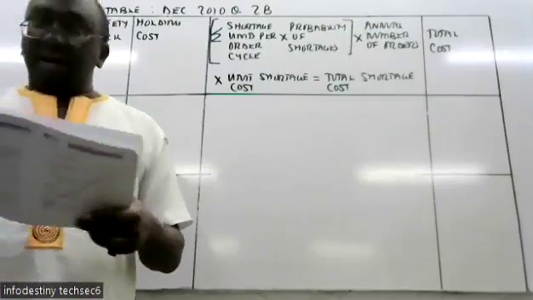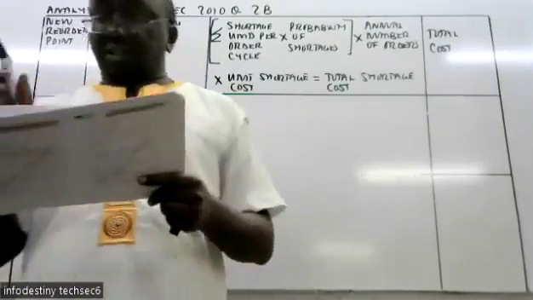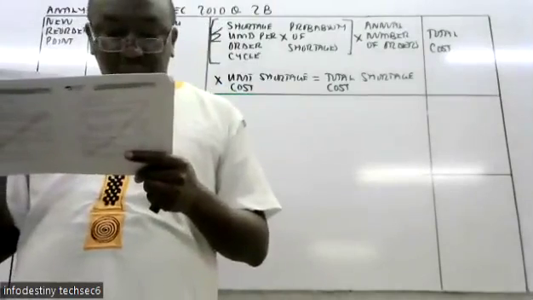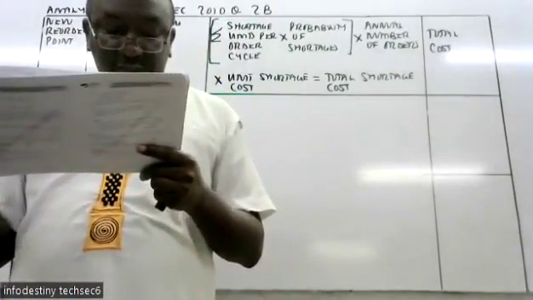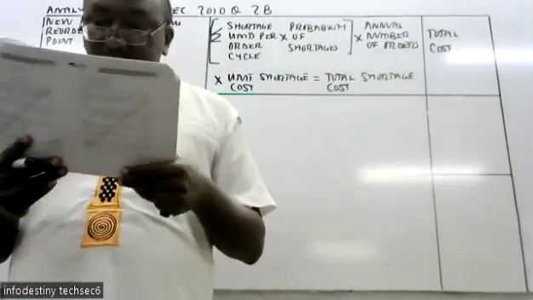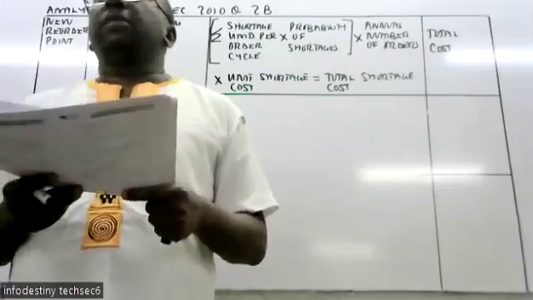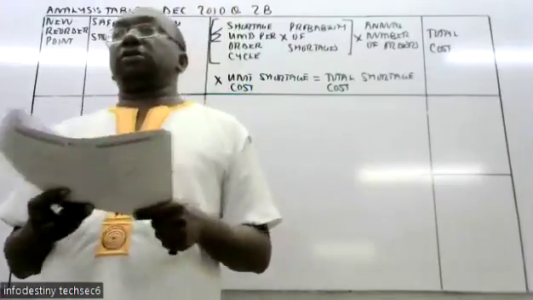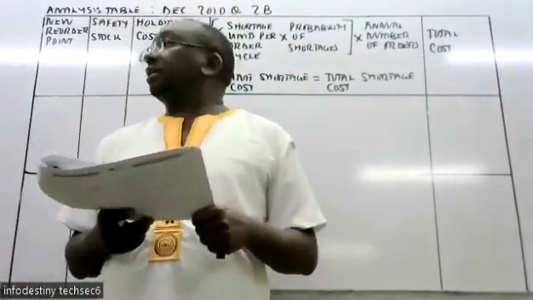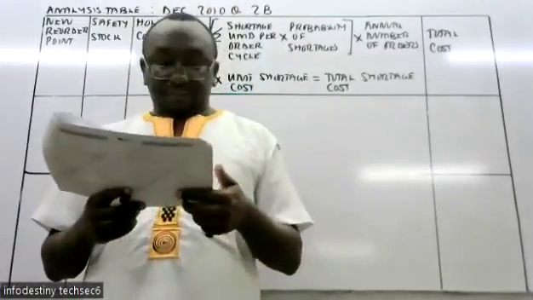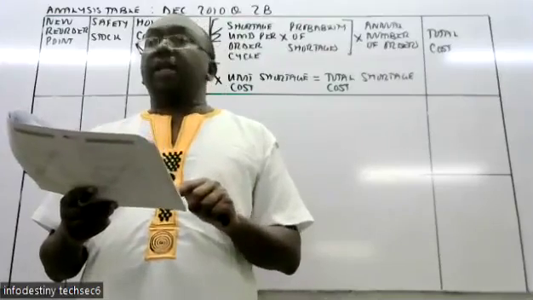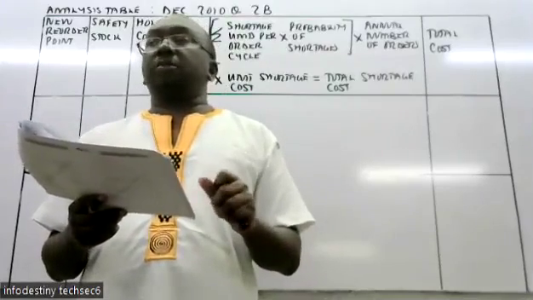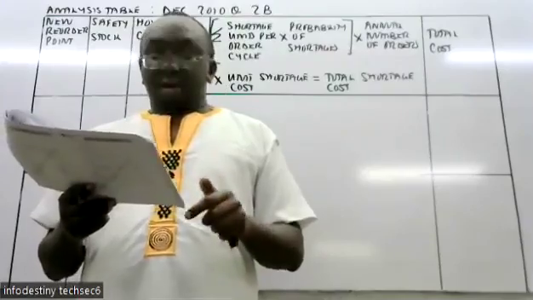Item number 1 is to identify our unit shortage costs. When I taught you about the inventory costs, we said shortage is whenever you do not have what the customer wants.